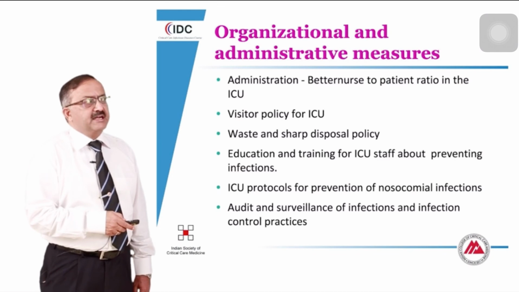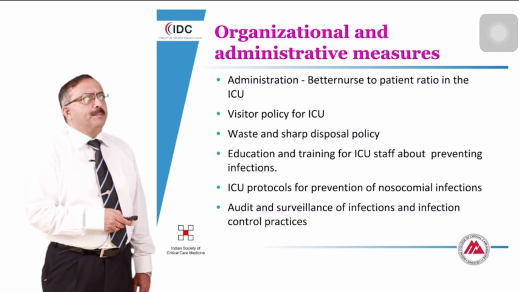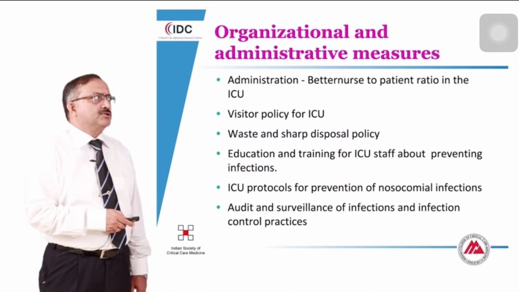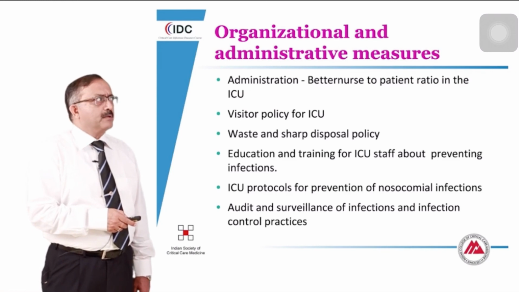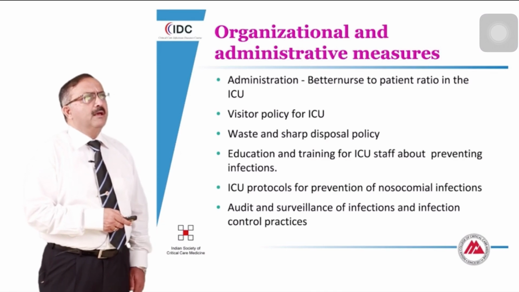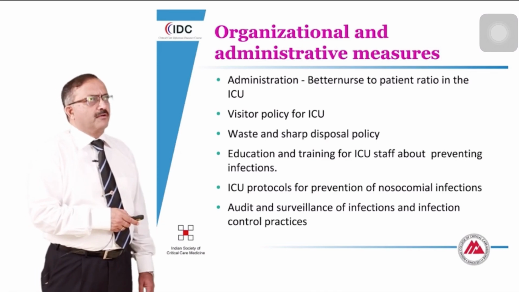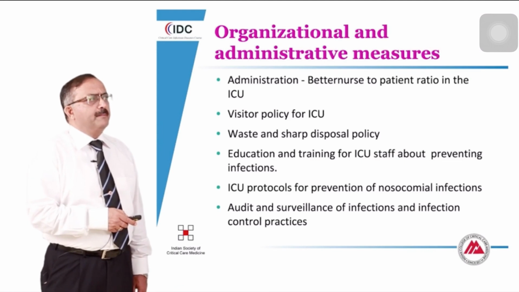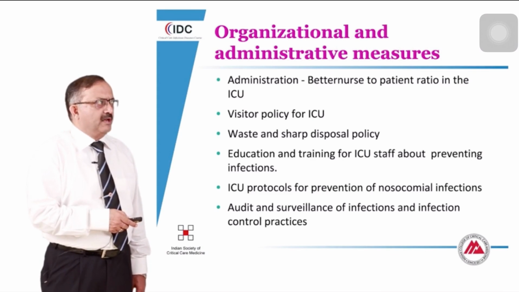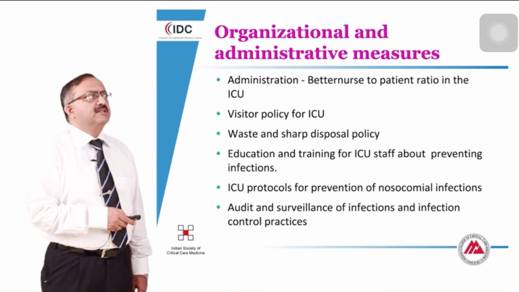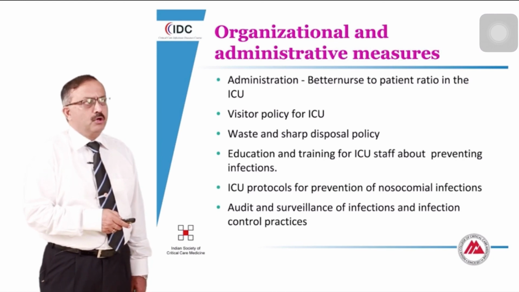Organizational and administrative measures: a better nurse to patient ratio must be maintained in the ICU. Visitor policy, waste and sharp disposal policy, and education and training of ICU staff periodically, as there is a lot of change of staff. So everybody must be periodically educated on various measures. ICU protocols for prevention of nosocomial infection, audit and surveillance of infection and infection control practices.